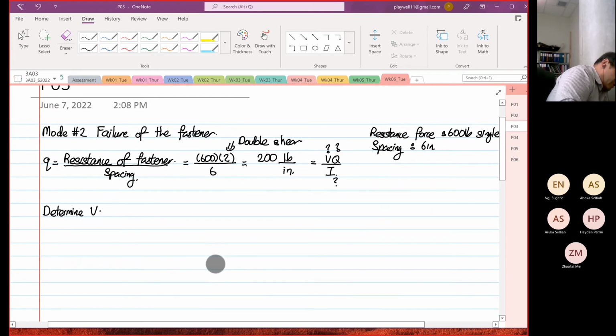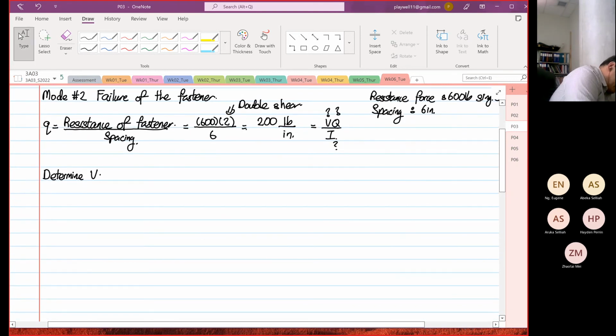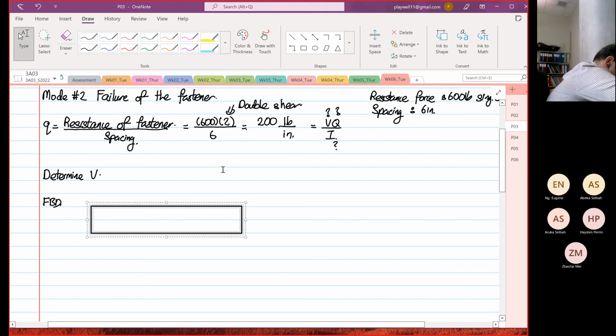So we are going to construct a free body diagram. So our structure, this is our X, Y, and this is our rotation about Z. And we know that we have a force down here.